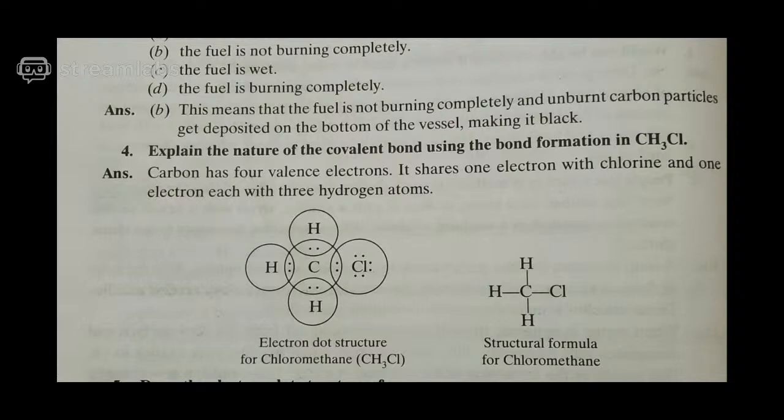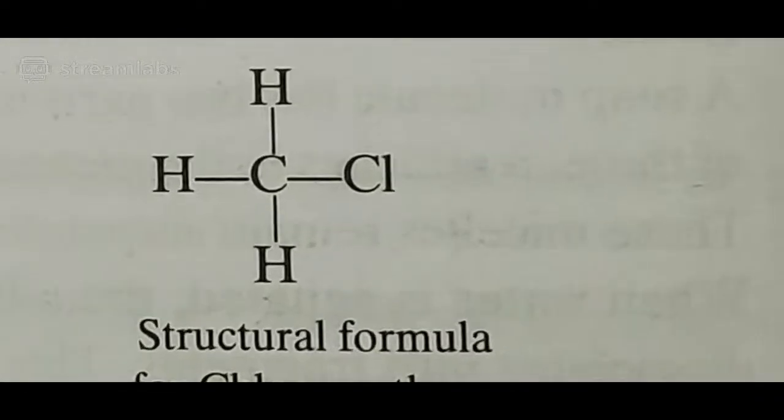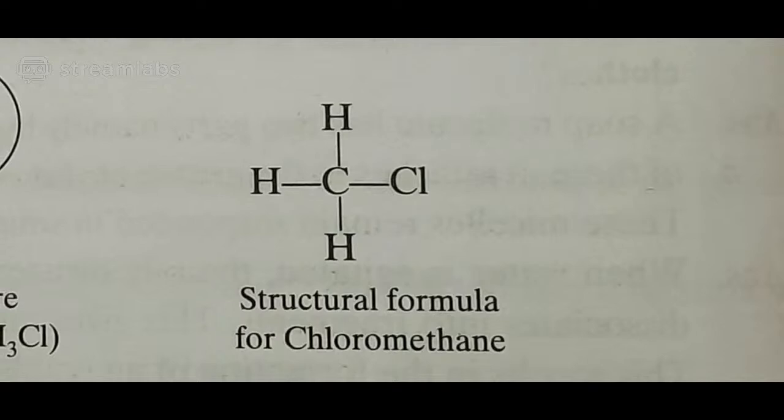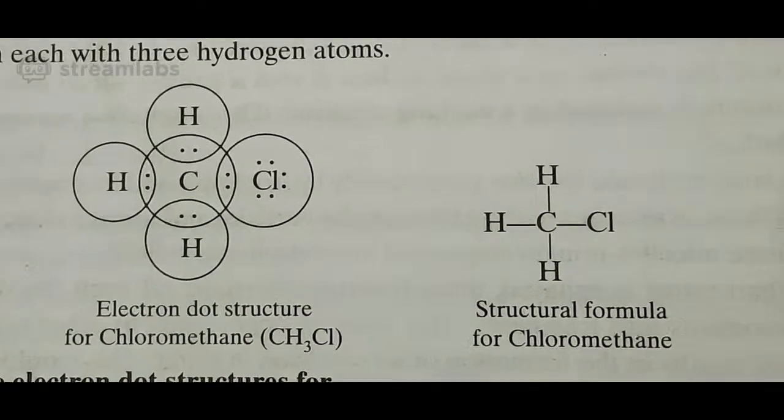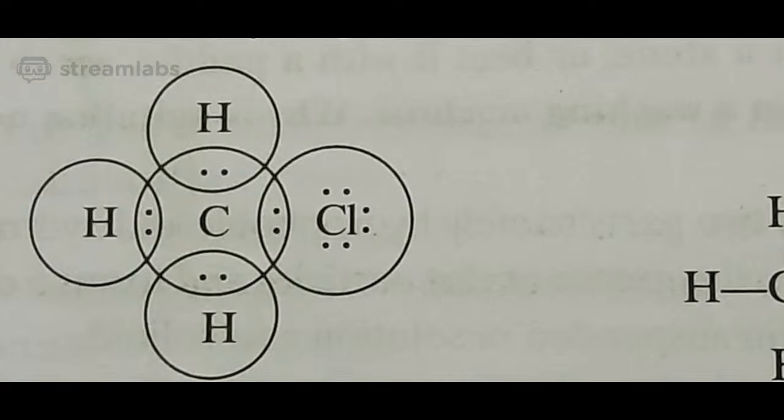Now explain the nature of covalent bond using the bond formation in CH3Cl, that is chloromethane. This is the structural formula for chloromethane. Carbon has 4 valence electrons in the outermost orbit, and each hydrogen has 1 valence electron, so that hydrogen shares 1 electron with carbon.